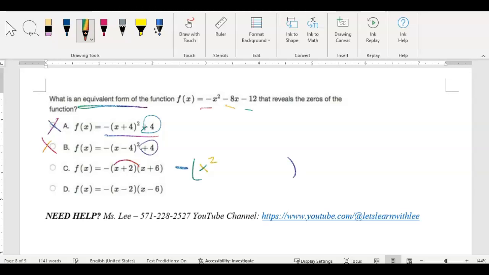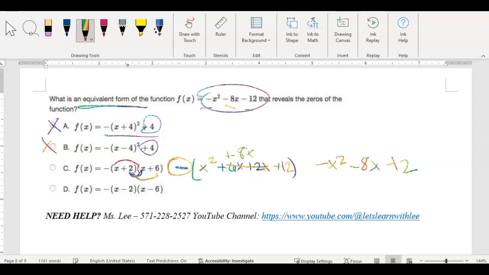X times 6 is plus 6x. 2 times x is plus 2x. 2 times 6 is 12. So this is now going to be 8x, excuse me, 8x. And so when I multiply by the negative now, I will have negative x squared minus 8x minus 12.